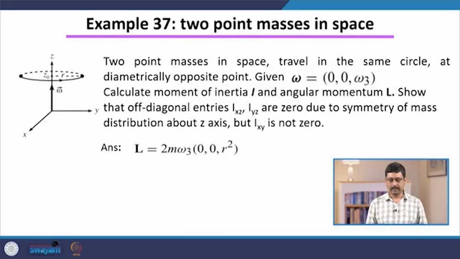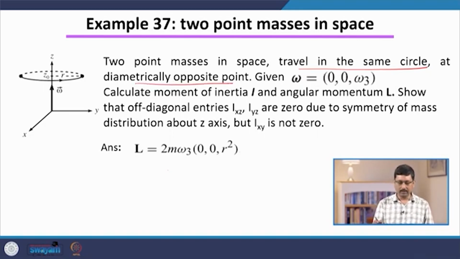Now, let us take an example of 2 point masses in space. It is again the same problem, but now instead of a single point mass, we have 2 point masses, travelling in the same circle about the same origin, and diametrically opposite.